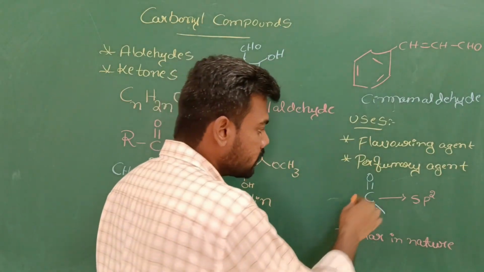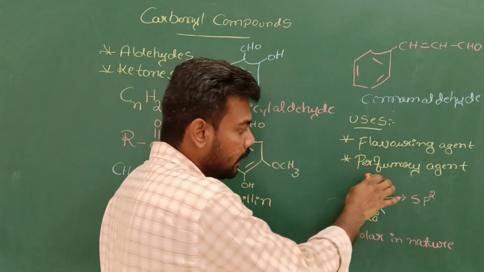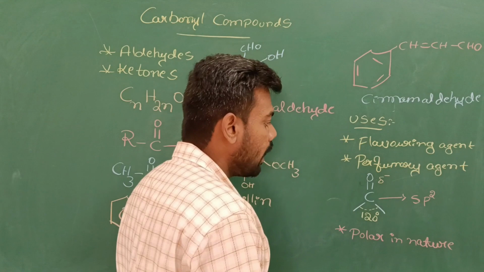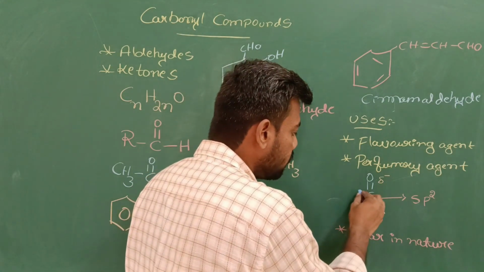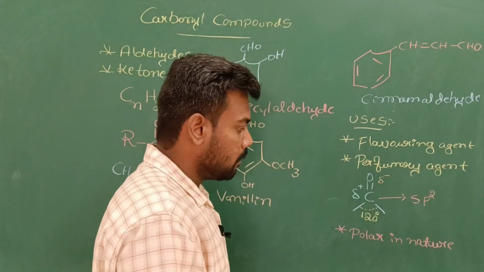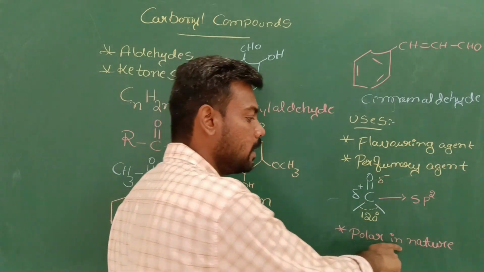Why? Because the oxygen atom is more electronegative, it acquires a partial negative charge, and the carbon atom acquires a partial positive charge. By this, the carbonyl group is polar in nature.